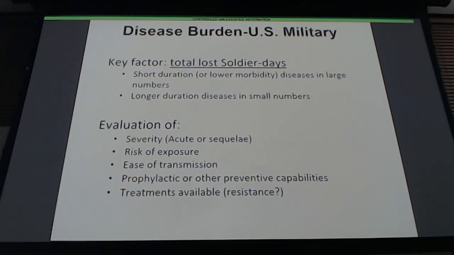So you need to understand the part about short durations and long durations. Even if it's one individual person, that person is taking up a slot in the unit that you know is about to deploy. That's part of that burden that becomes a problem for those units that are getting ready to deploy.